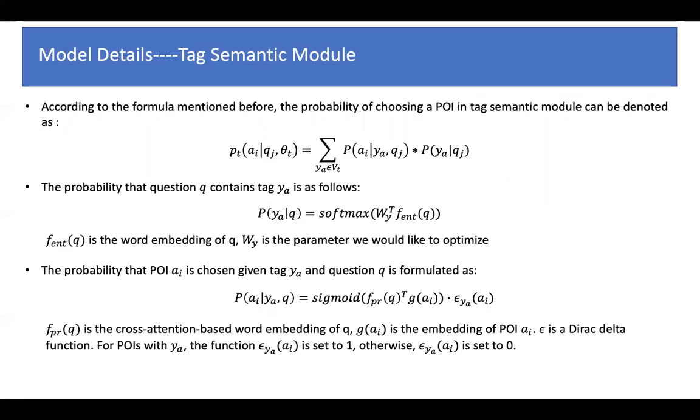The probability that POI AI is chosen given tag YA and question Q is formulated as follows. Here, FPRQ is a cross-attention based word embedding of Q, GAI is the embedding of POI AI, and epsilon is a direct delta function. For POIs with YA, the function is set to 1, otherwise the function is set to 0.